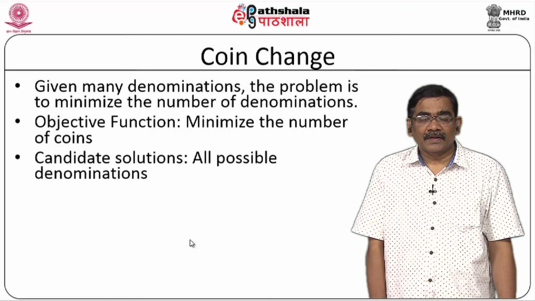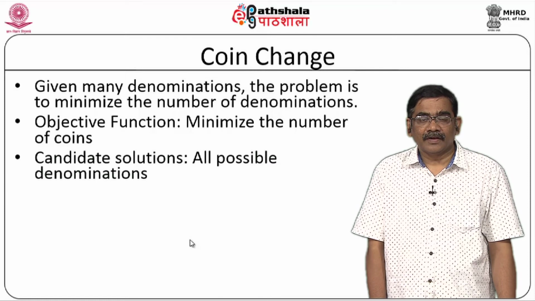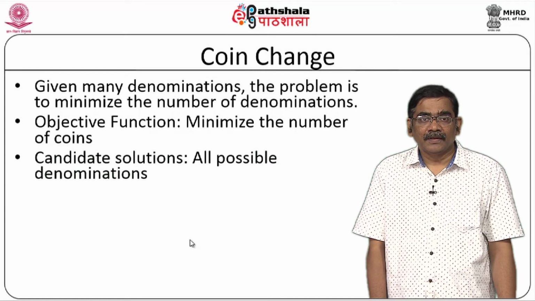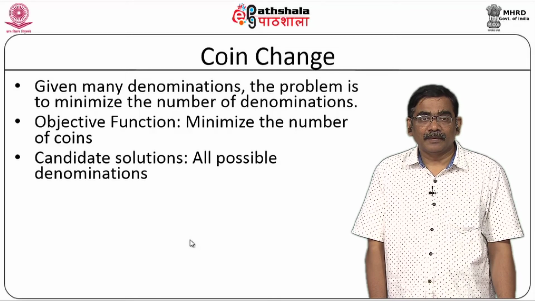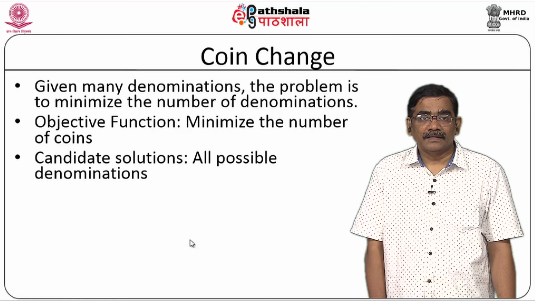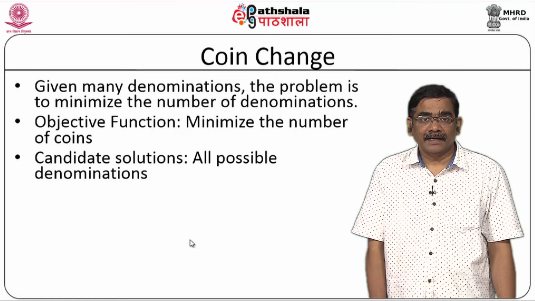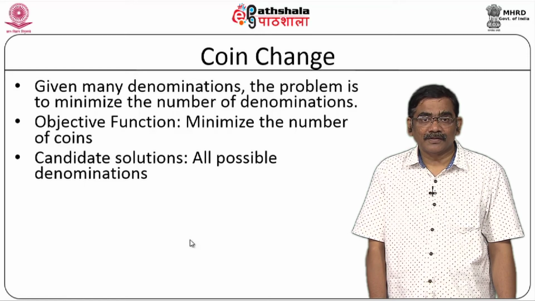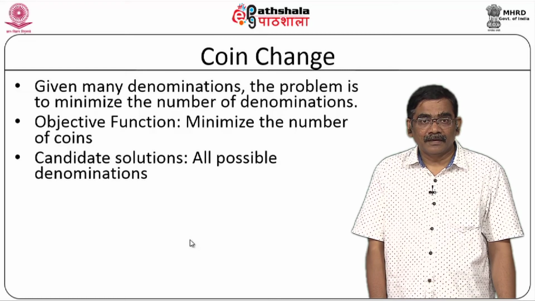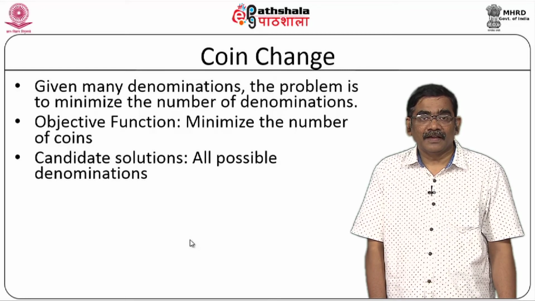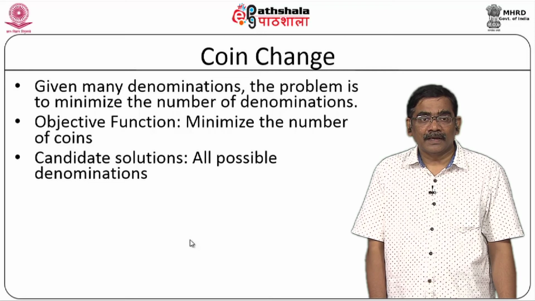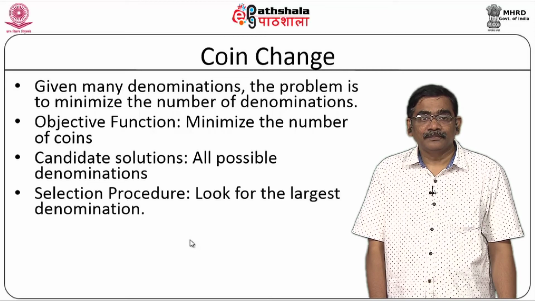Then, what are the candidate solutions? I can solve this problem using multiple combinations. I can give 273 one rupee coins. This is one solution. Like that, I can satisfy that request in multiple ways. Every way constitutes one candidate solution.